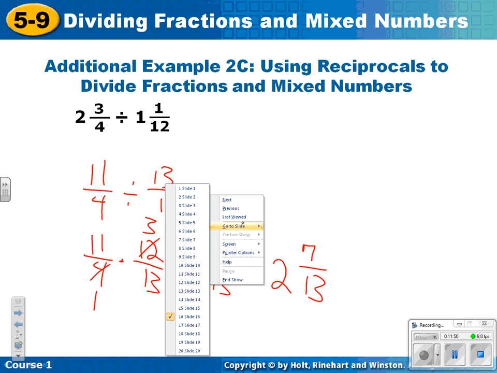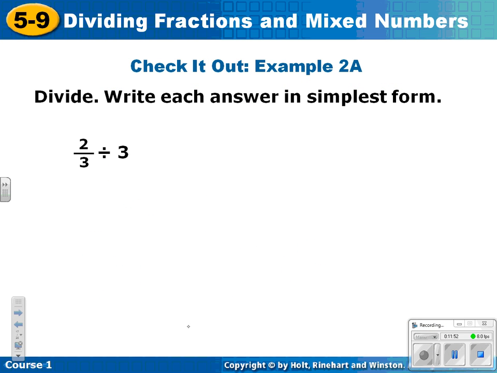Try one more on your whiteboard. That one's simpler. I know at the beginning you were all like, oh, the reciprocal's easy. Well, it is. Just remember that we flip the second number in the division.